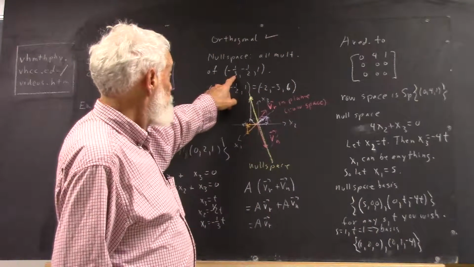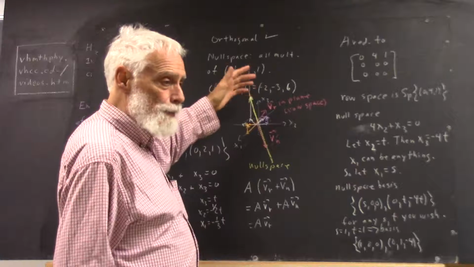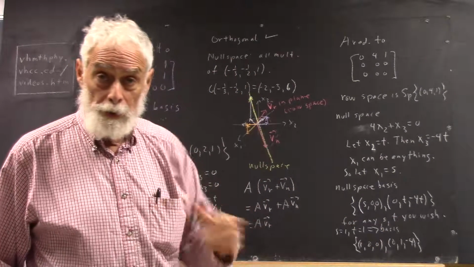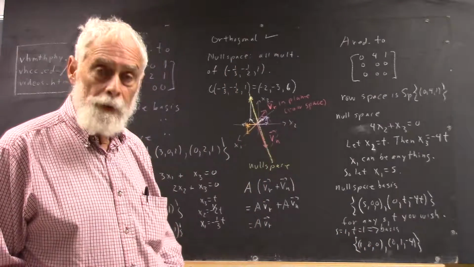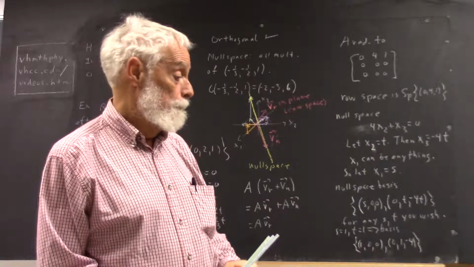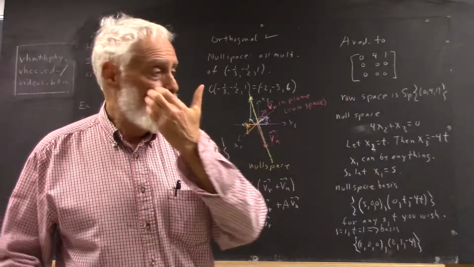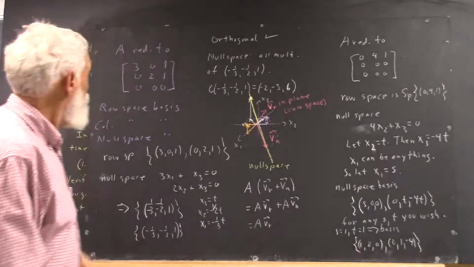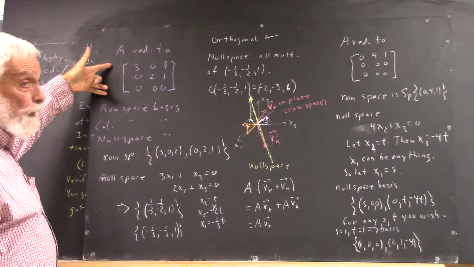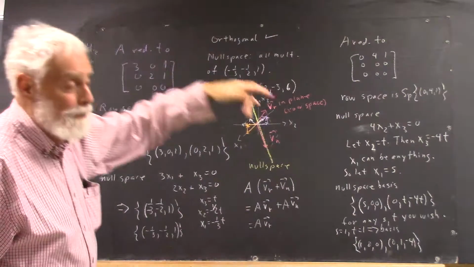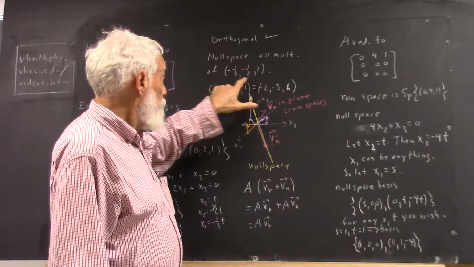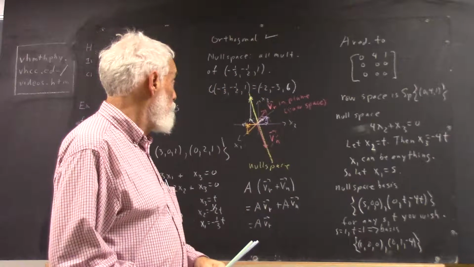Okay, so let's think in terms of x, y, z, or x1, x2, x3, the typical orientation of our vectors in three-dimensional space. And of course, this matrix, we well know, multiplies vectors in R3 and results in vectors in R3, okay?